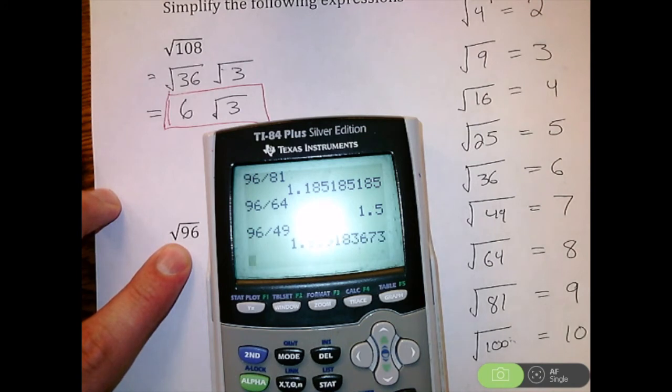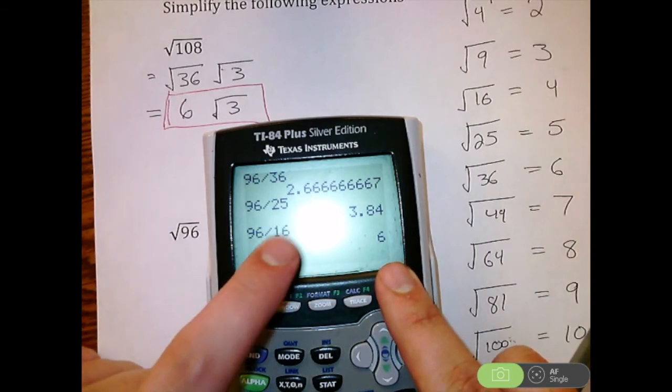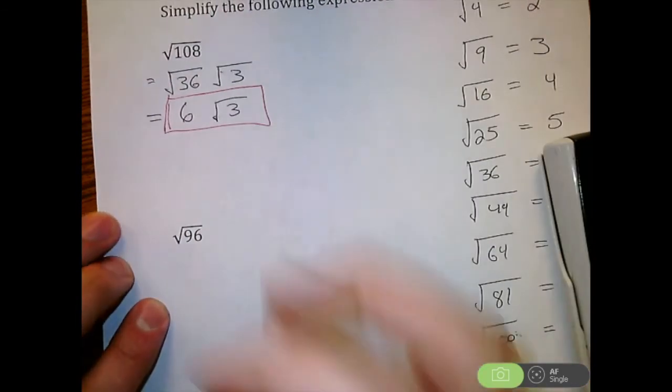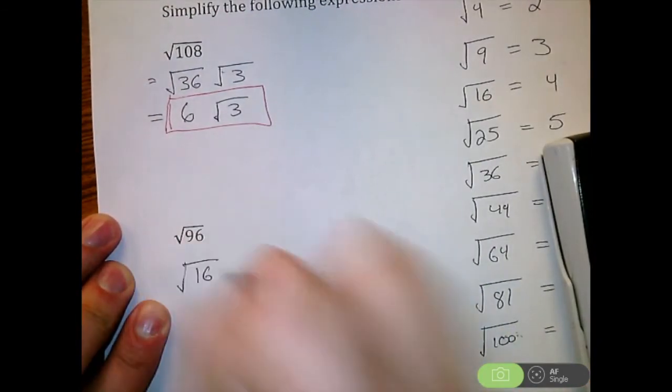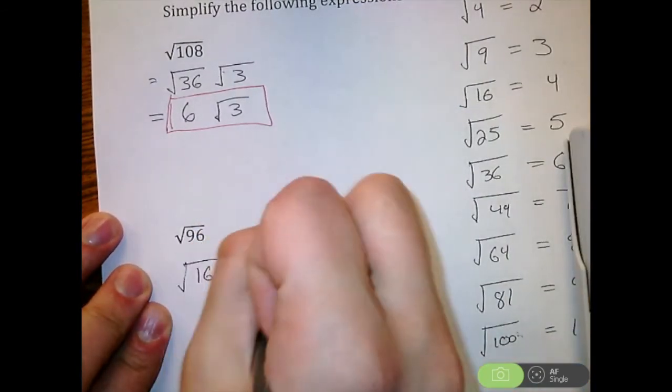Nope, still nothing. 96 divided by 36, nothing. 96 divided by 25. I know that's not going to work, but there it is. 96 divided by 16, maybe, and it does work. So we have 16 and we have 6. I'm going to break this down as the square root of 16, one number I have, and my other number was 6.